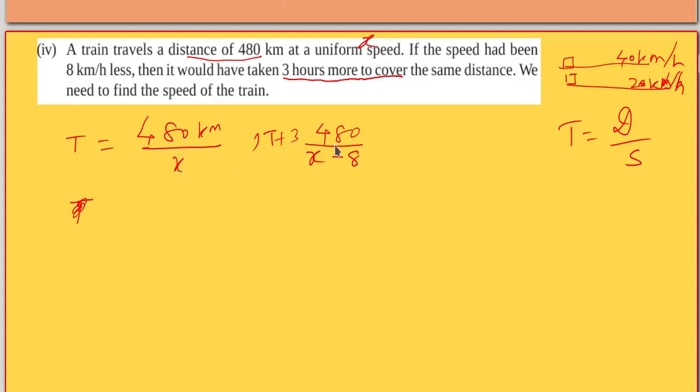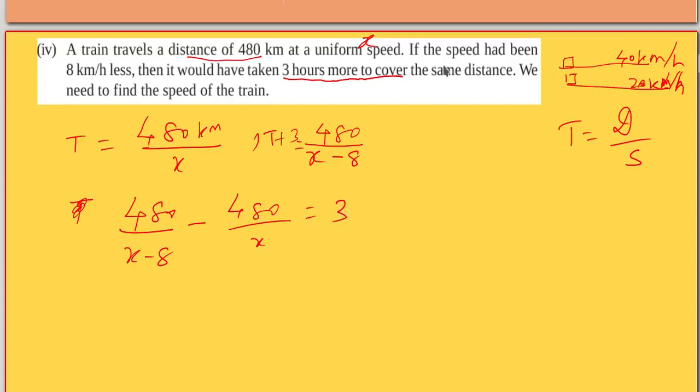If speed is reduced, time taken will increase. So what is the difference between their times? That is 480 divided by x minus 8, minus 480 divided by x, equal to 3. The difference between their time taken is 3.